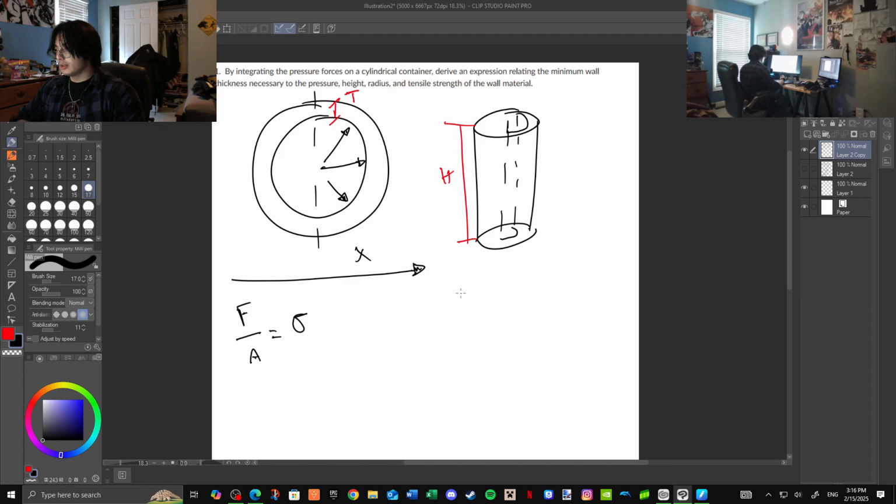For this problem specifically, we're considering the force in the x direction, so we need to isolate F. We multiply the area on both sides, and we get F, taking the surface area of this outer wall, which would be 2ht times sigma. We're going to save that equation for later.